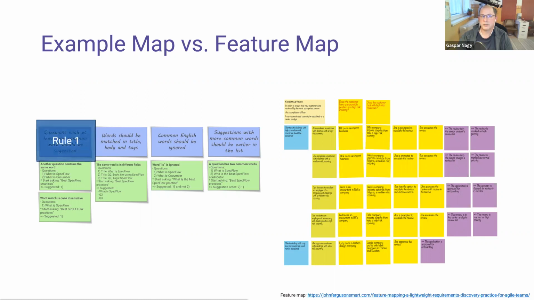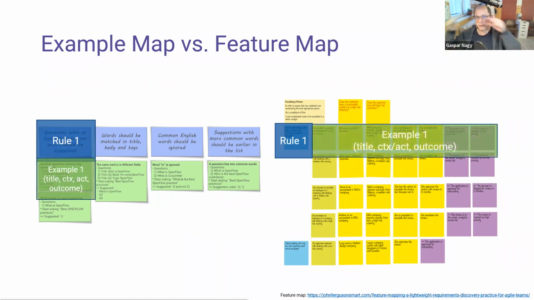So if you see a rule on an example map, you can also see a rule on a feature map. If you see an example in an example map, you see an example in a feature map as well, but it is just split into multiple cards by the different steps it does. So actually these two things are quite similar. You can try both and see which one works better.